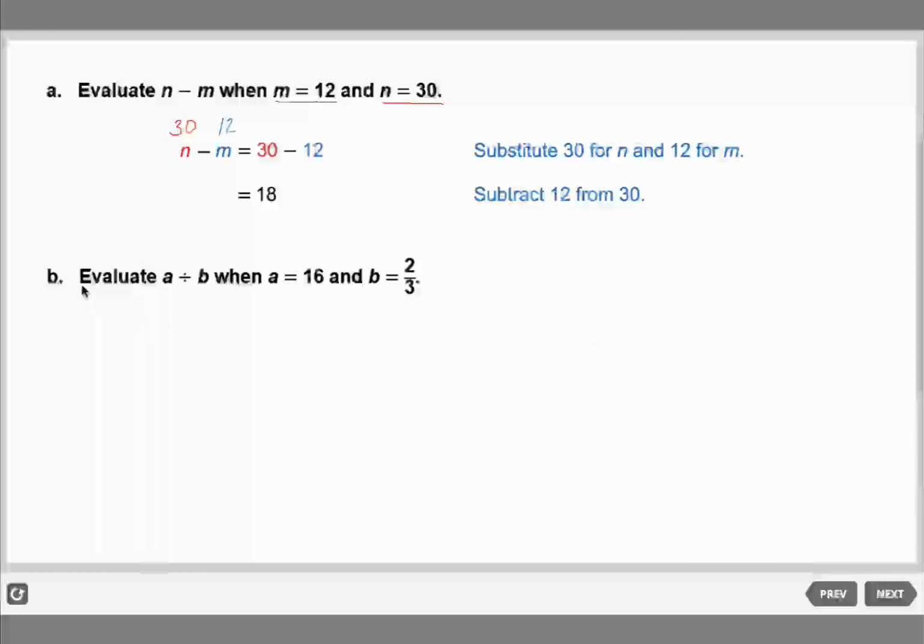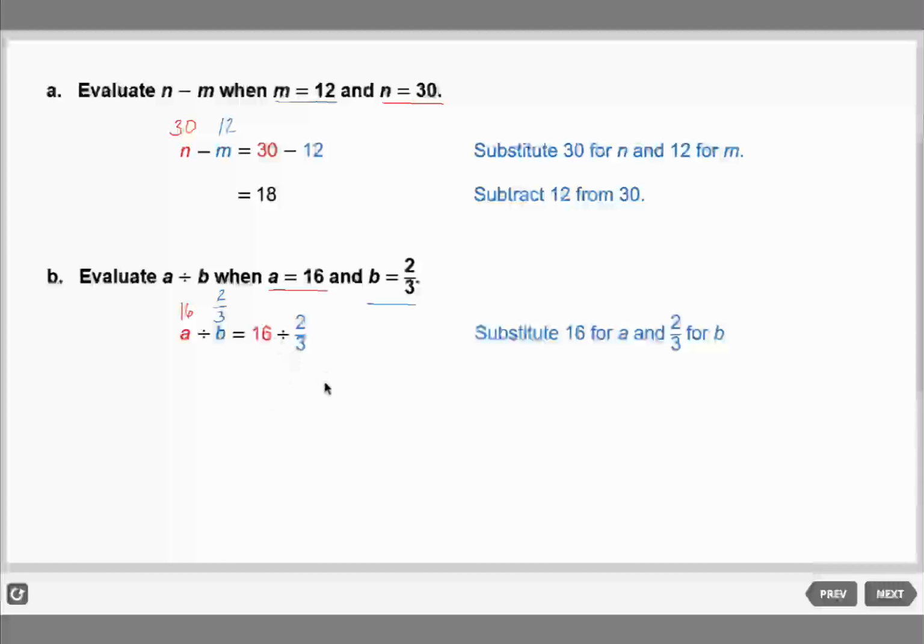Okay, let's see another example here. Evaluate a divided by b when a equals 16 and b equals 2/3. Let's do it. a equals 16 and b equals 2/3. So substitute 16 for a. Substitute means remove the a and write 16. Remove the b and write 2/3. So it will be 16 divided by 2/3. Then use the known division, dividing by a fraction.